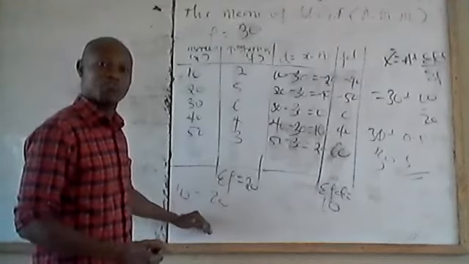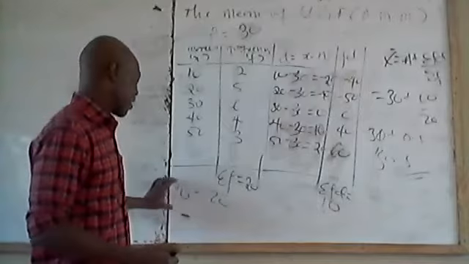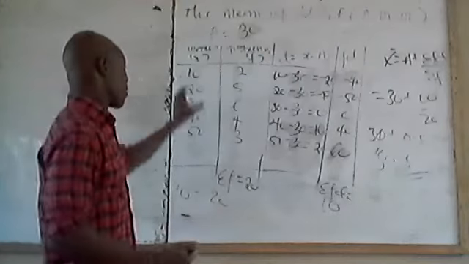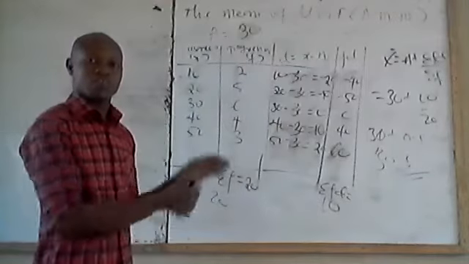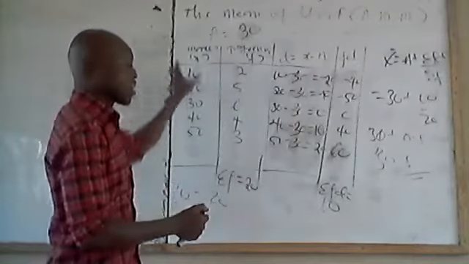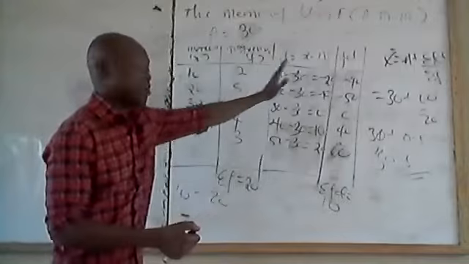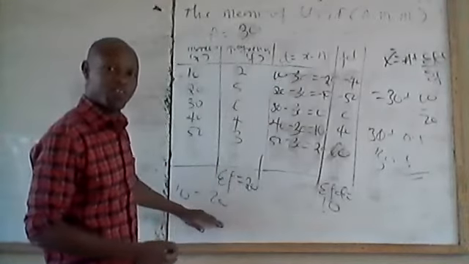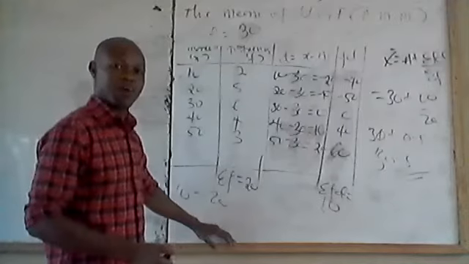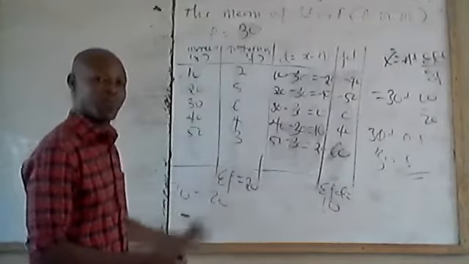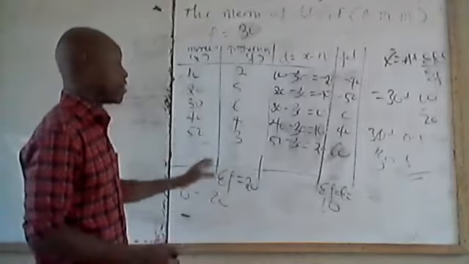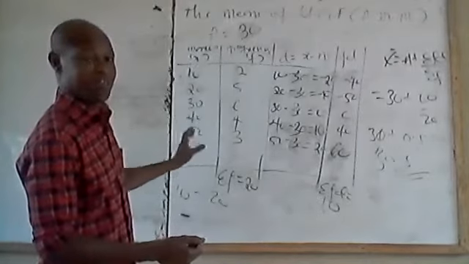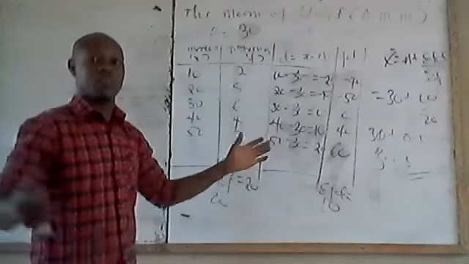None of these limits can be used as the class figure; rather, you find the middle, and that figure will become the figure we use for the calculation. The difference is that the ungrouped one comes in single numbers, so you can just use that to do your calculation. But for the grouped one, they come in a range of numbers, so you can't use the lower or the upper limits, but you must determine the class midpoint of each of them. When you get that figure, it will come back to the same thing as when you have one figure in the table, and whatever happens is then the same.